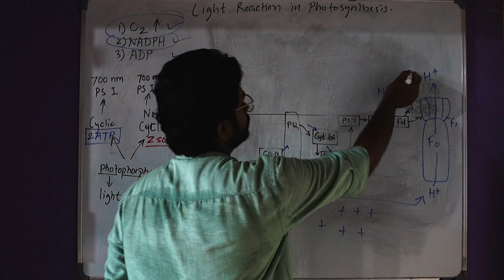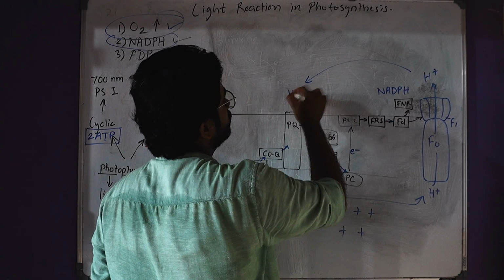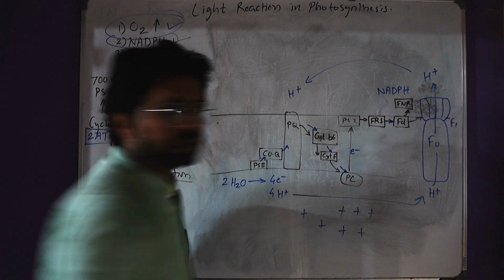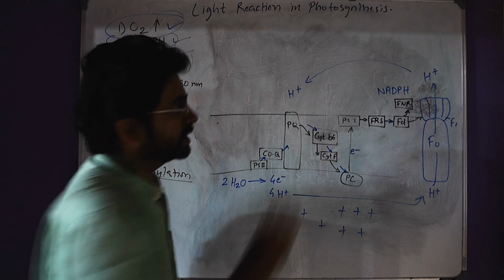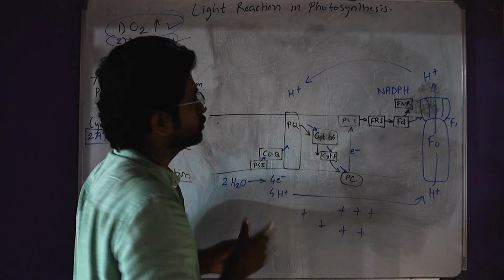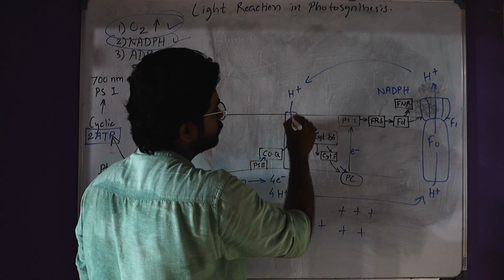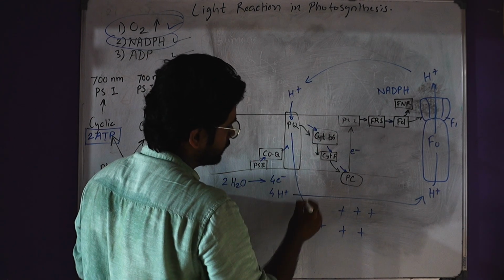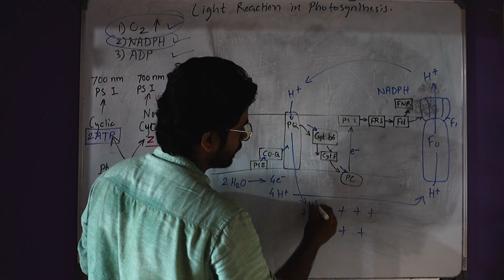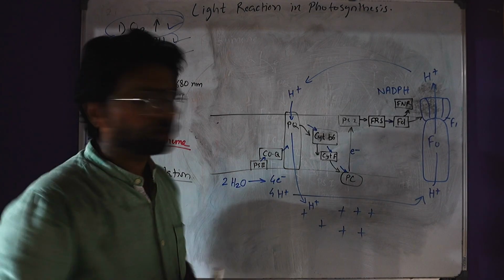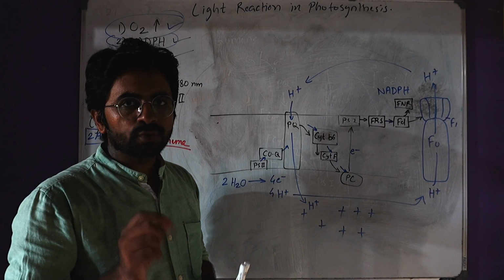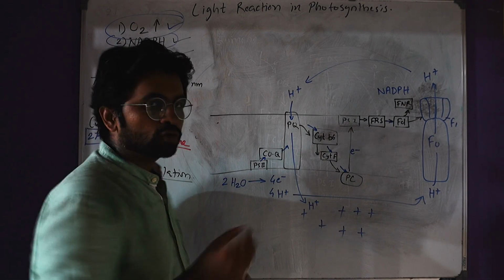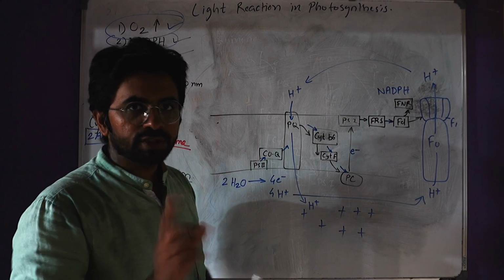So now these protons, we will bring them back again in the gradient, because I said we have to maintain the gradient. We cannot afford to lose the proton, so this proton will be again brought back. Okay, but how much proton for the transfer of how much electron? So the number is 1:1.